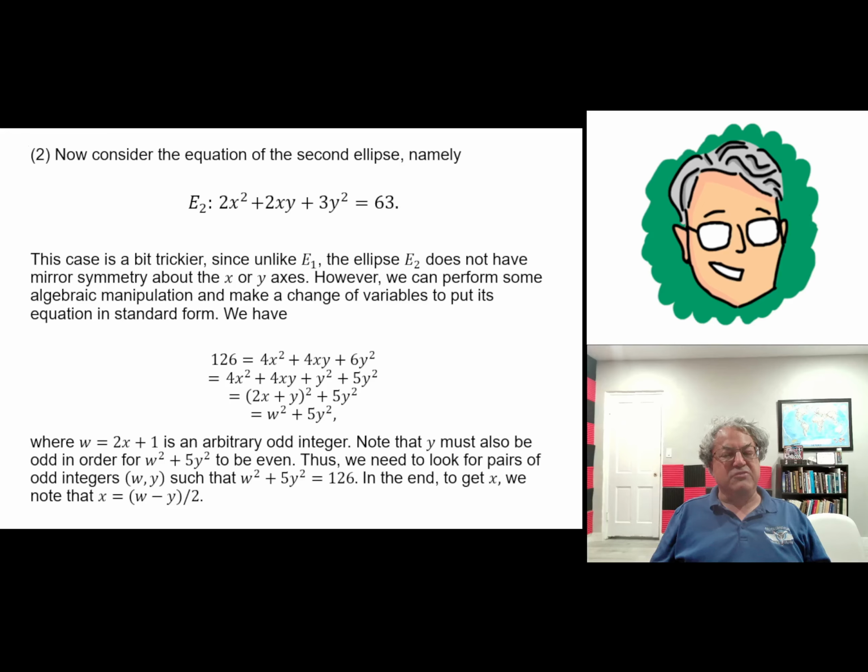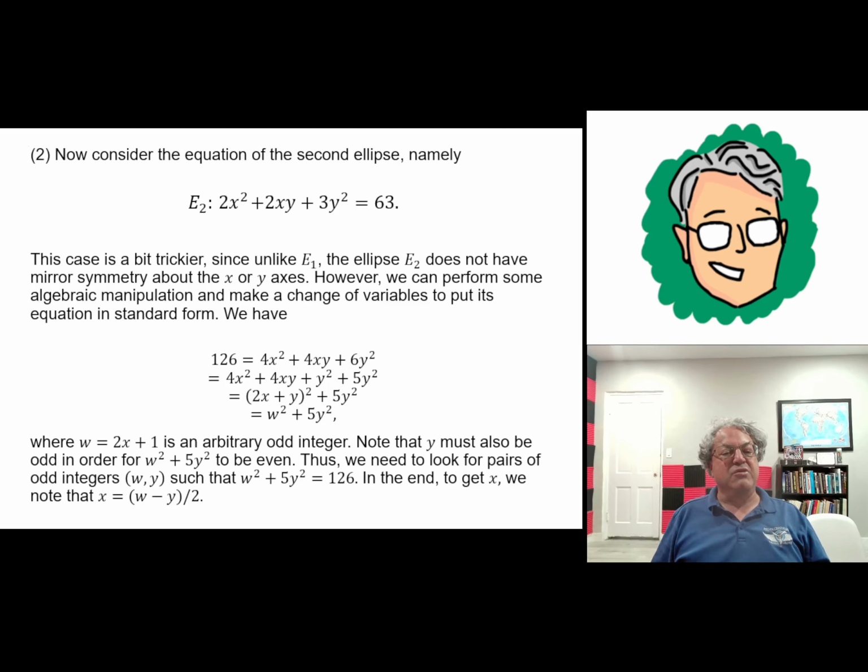And the only way the sum of two squares can be congruent to 2 modulo 4 is if both of the numbers that are being squared are odd. I actually made a mistake here, but it is true that w and y both have to be odd, but not for the reason I said.